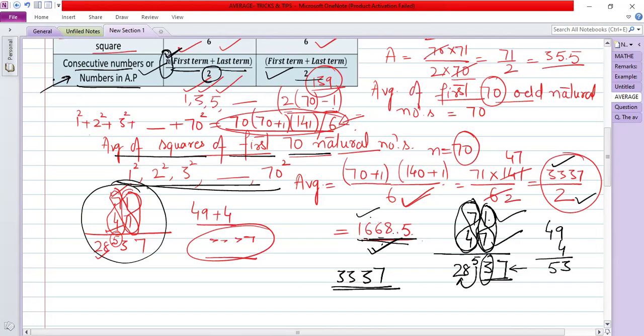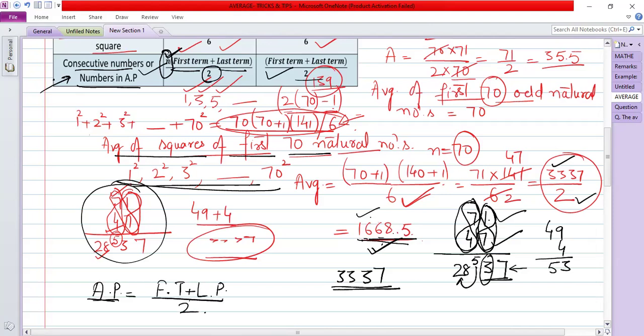Obviously this n will be cancelled, because to get the average we divide the sum by n. So, for example, if someone asks us the average of a certain AP, then that will be nothing but the first term plus the last term, divided by 2.